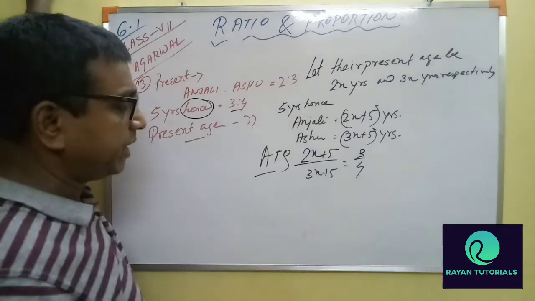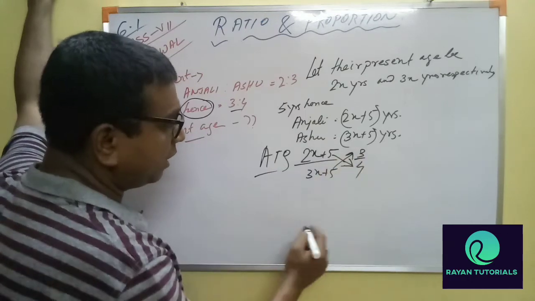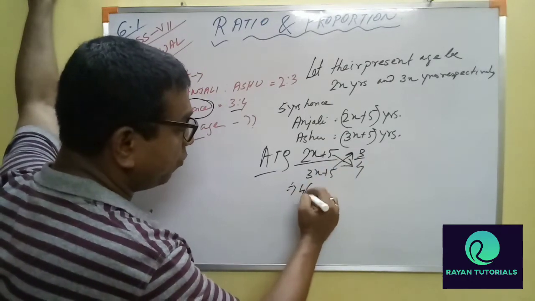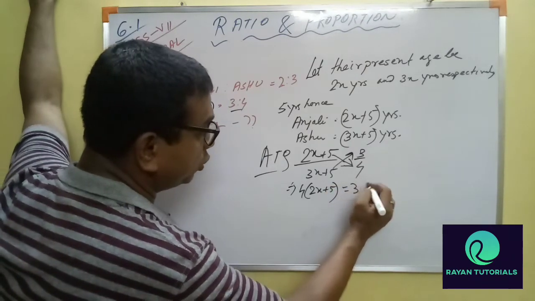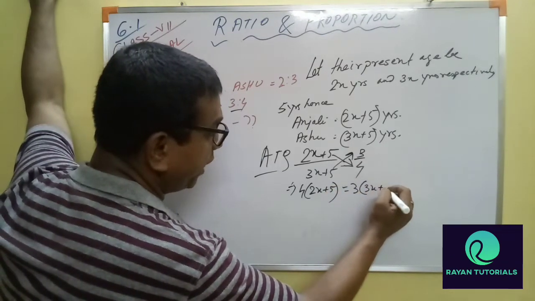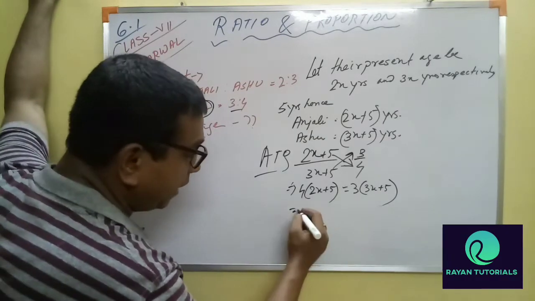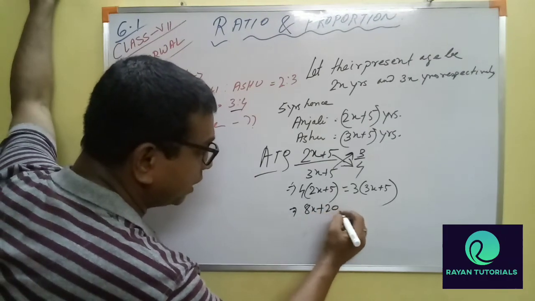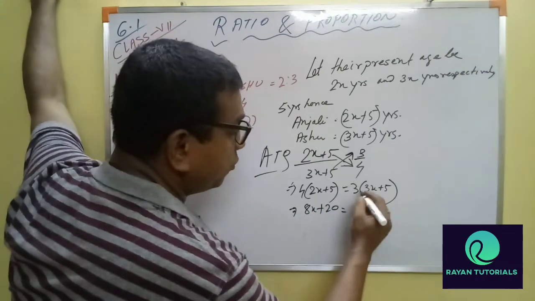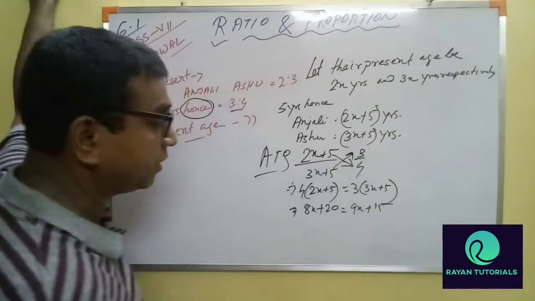Clear? Now whenever you get this type of equation, just cross multiply. That means 4 into (2x plus 5) should be equal to 3 into (3x plus 5). Multiply: 4 2s are 8x plus 4 5s are 20, 3 3s are 9x plus 3 5s are 15.